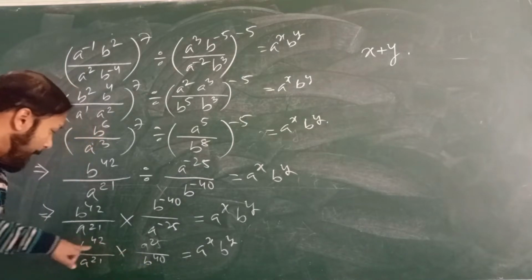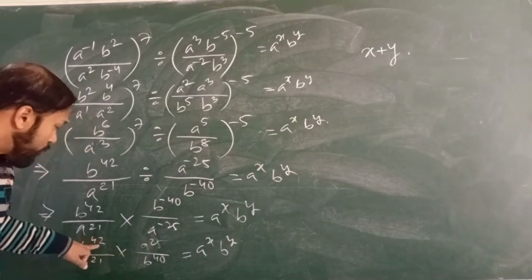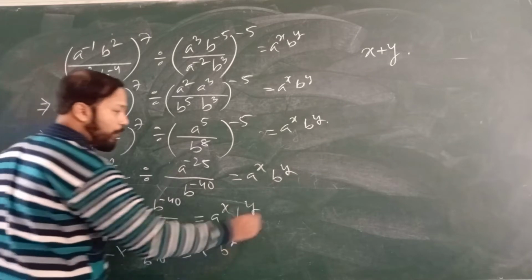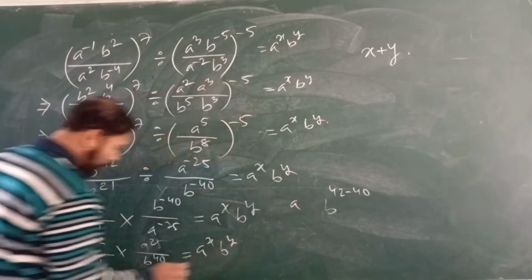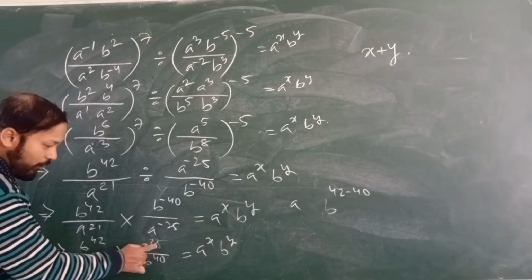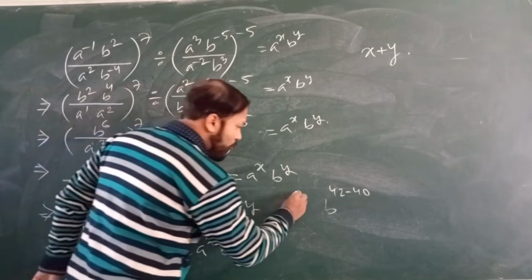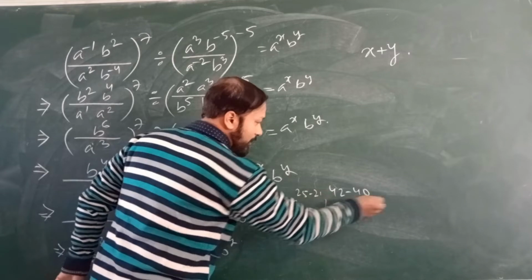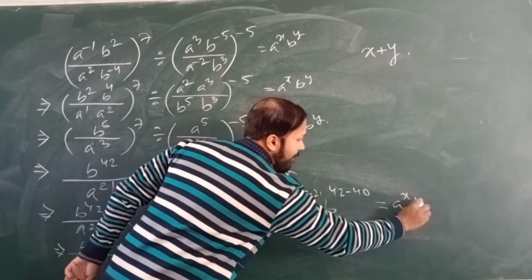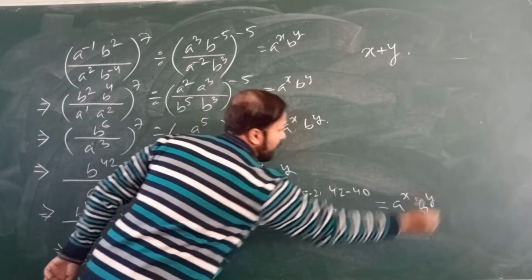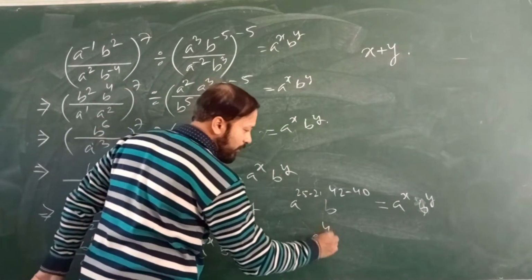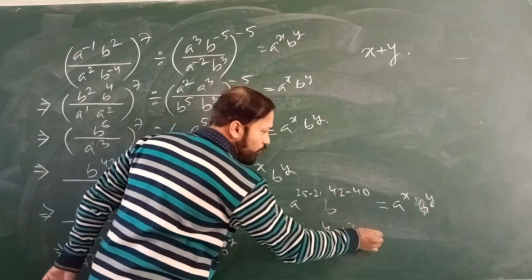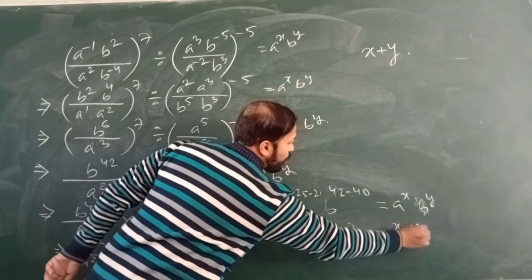They are in division, b same. So 42 minus 40, so b to the power 42 minus 40, and a to the power 25 minus 21. So a to the power 4 and b to the power 2 equal to a to the power x, b to the power y.